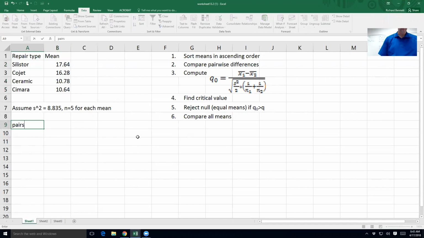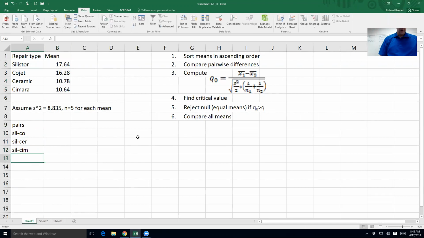The first thing you might want to do is list the pairs. We're going to do Sillistor minus Cojet, Sillistor minus ceramic, and Sillistor minus Samara. So that's 1 versus 2, 1 versus 3, 1 versus 4.